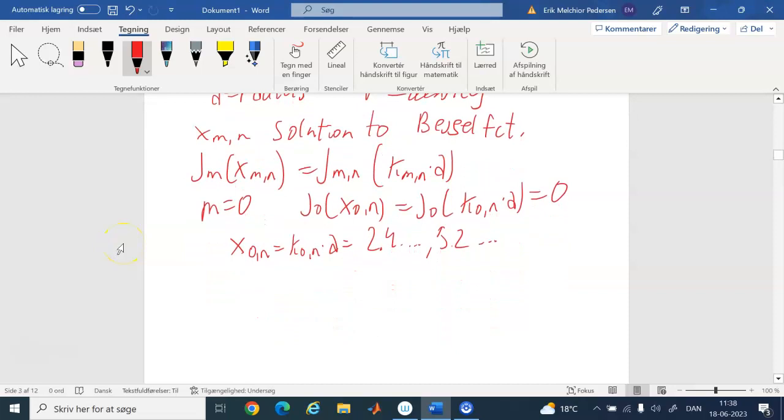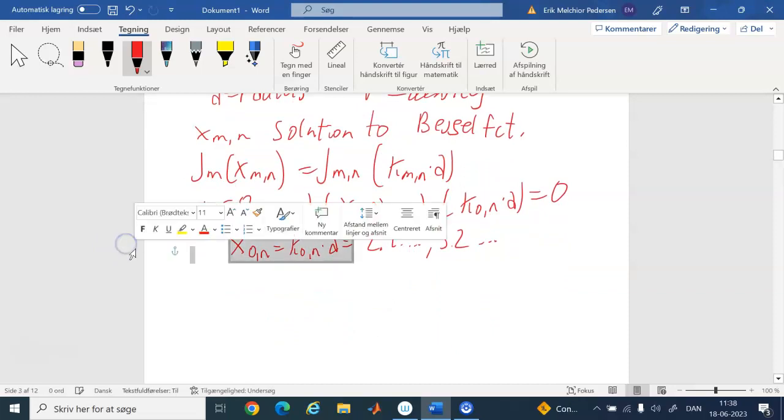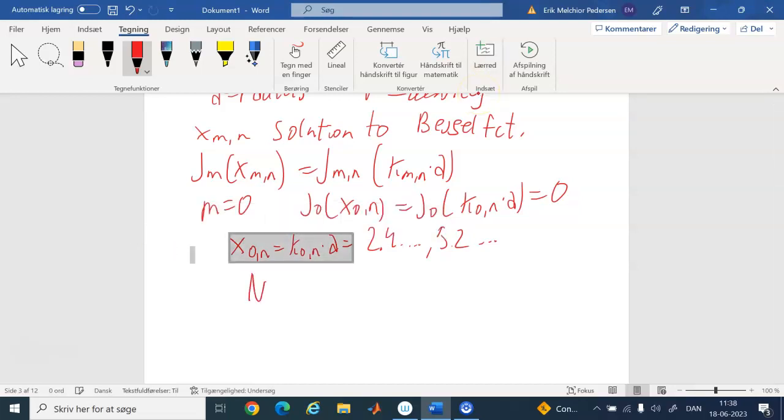I can just tell you: no harmonic overtones.